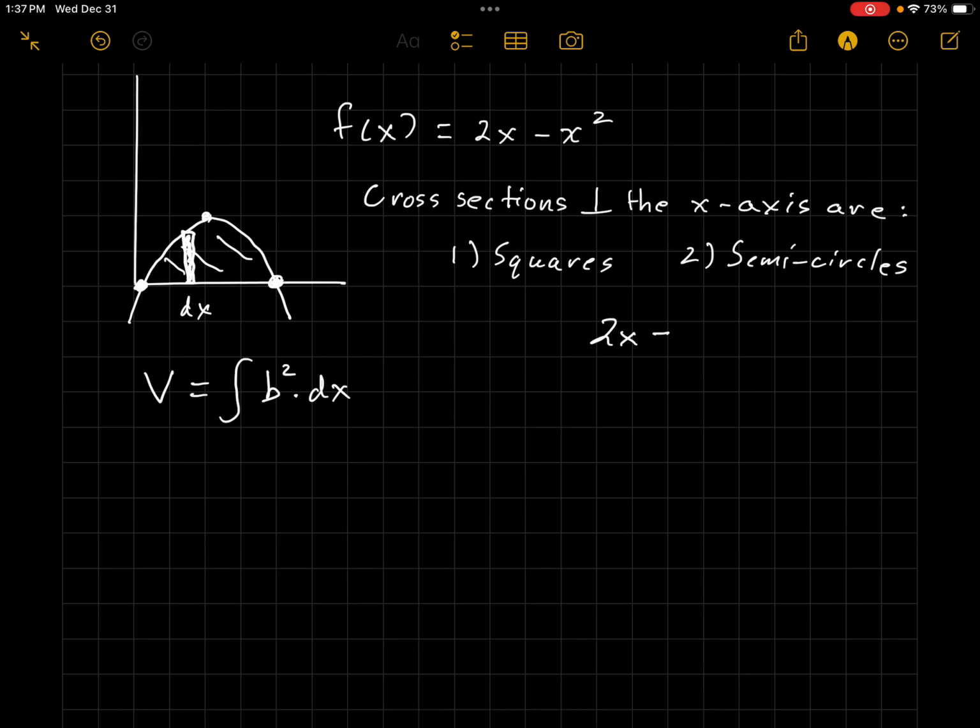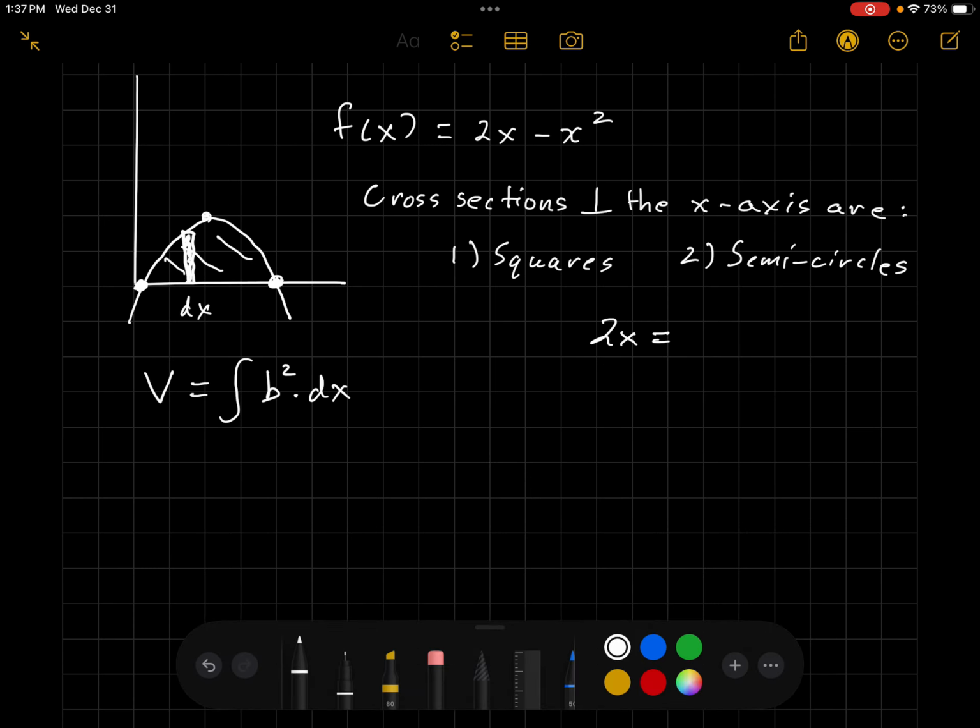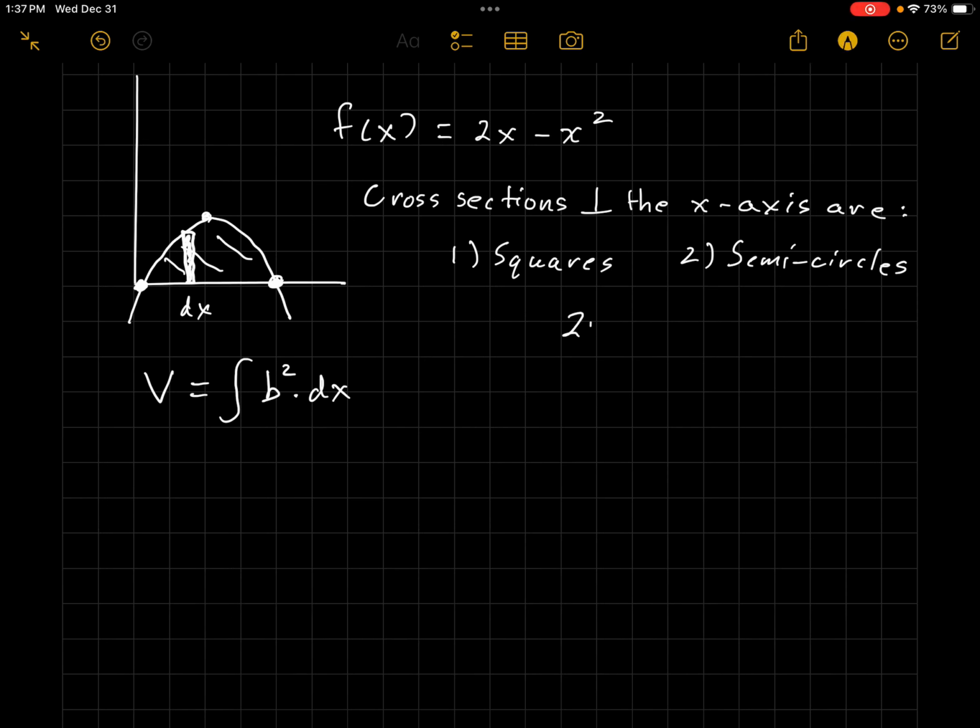We will simply set the function equal to 0, and then we will factor out an x. Now, you could have done this just by guessing and checking, I'm supposing, but I wanted to show the algebra. So the volume would be the integral from 0 to 2 of b squared dx.